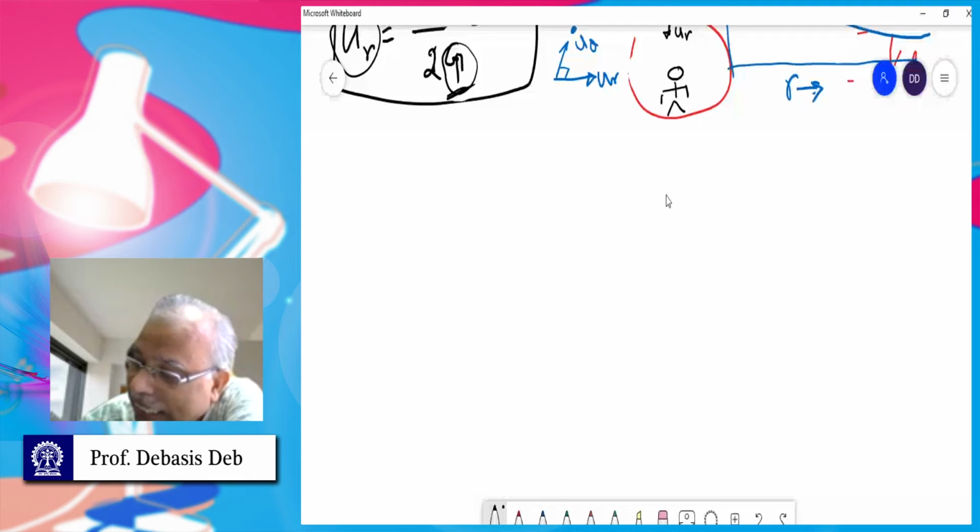Now the problem goes like this. A small tunnel of diameter 3 meters is going to be constructed somewhere below the surface, 450 meters below.